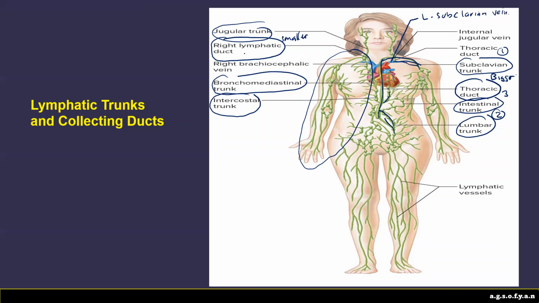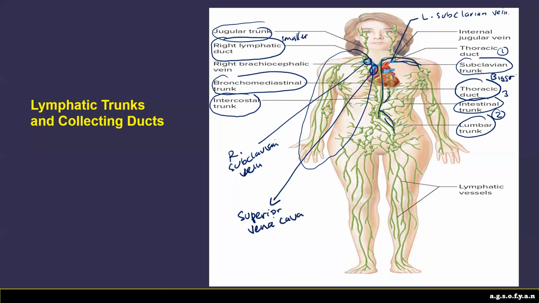And then the right lymphatic duct will drain the fluid to this side, which is the right subclavian vein, and both of them will drain the fluid together with blood to the superior vena cava.